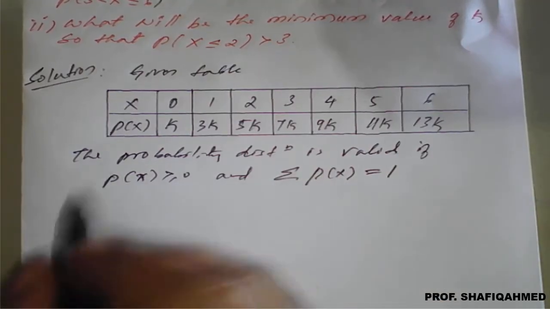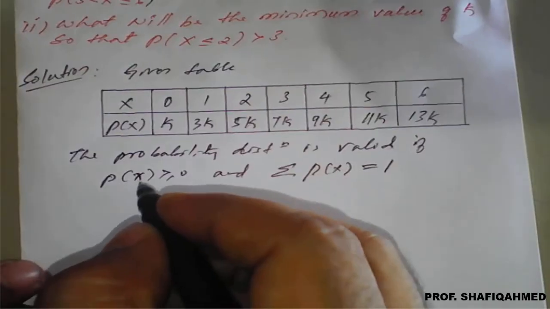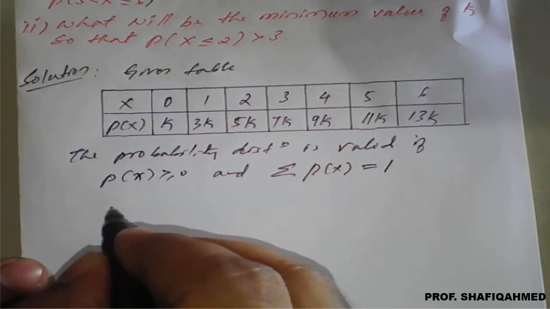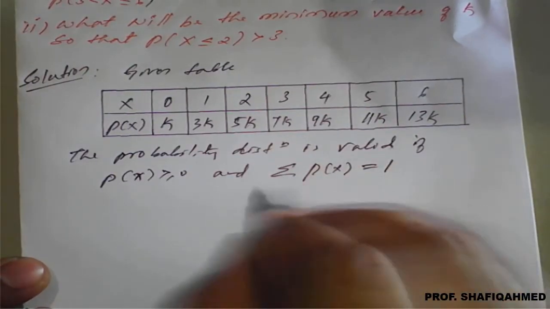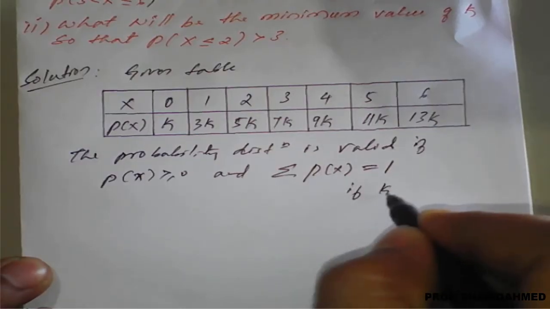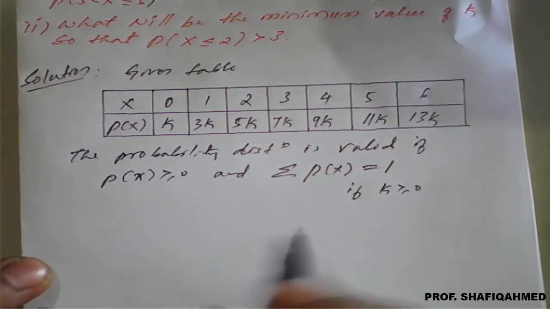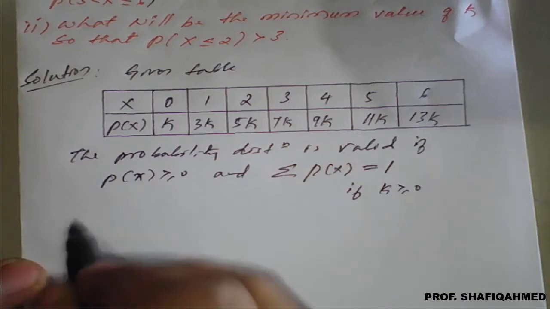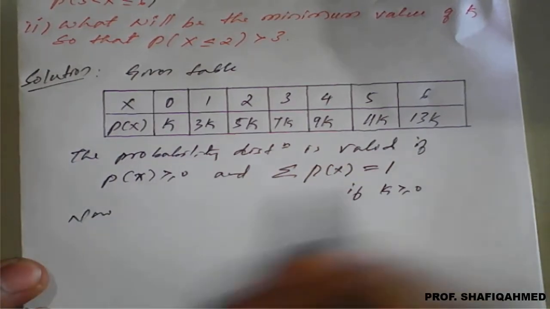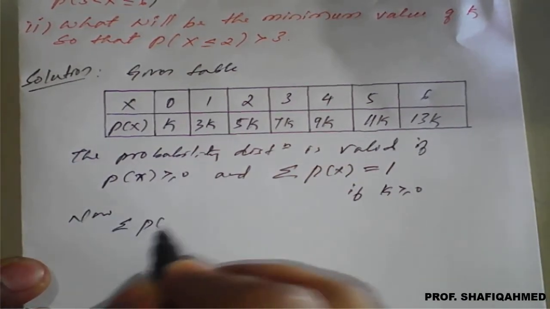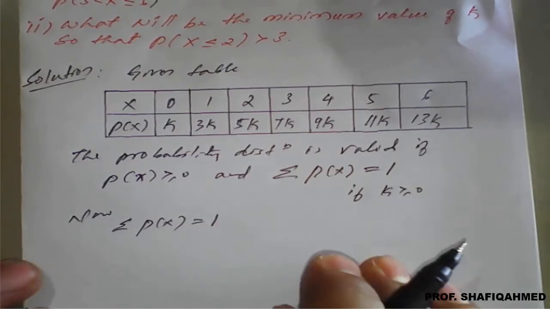So based on this we can write: if k is greater than or equal to 0, meaning positive, then only these two conditions are satisfied. Now I want to take the summation of p(x) equal to 1.